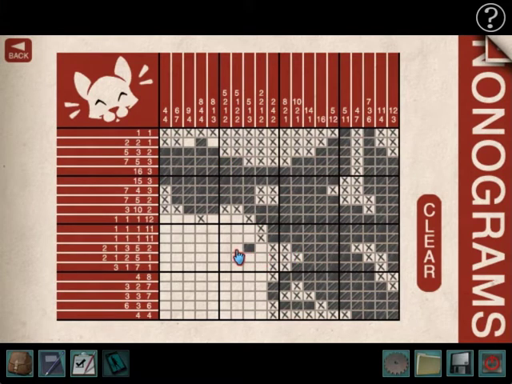So 3 includes that, right? 2, 1, 3, or... Okay, so either way, that has to be filled in.